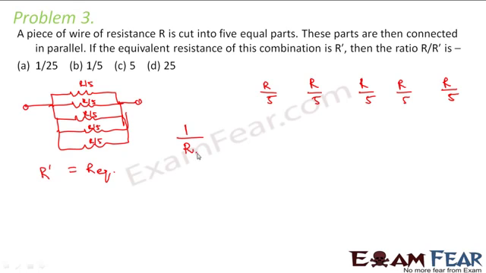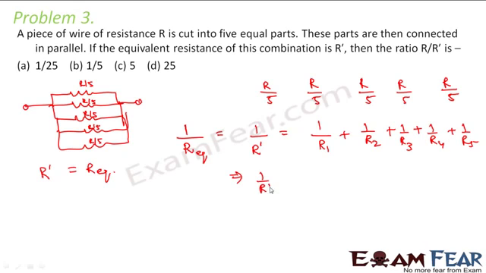From the parallel combination, we know that 1 by R dash is equal to 1 by R1 plus 1 by R2 plus 1 by R3 plus 1 by R4 plus 1 by R5. Now in this case, the value of each resistance is R by 5.